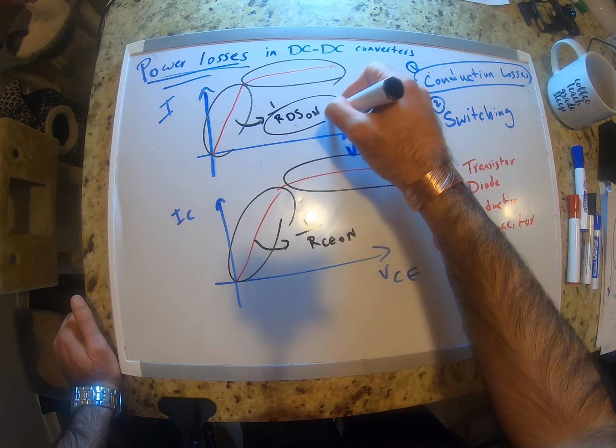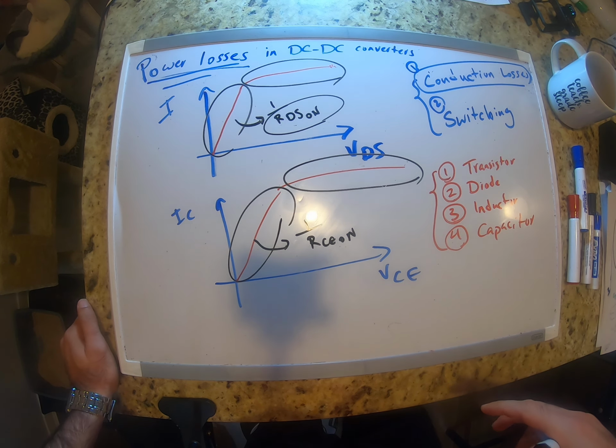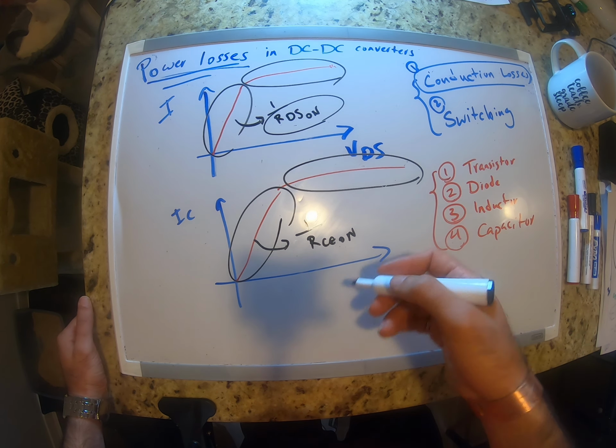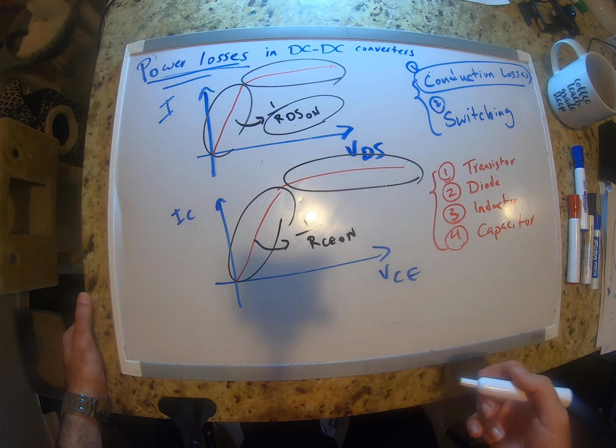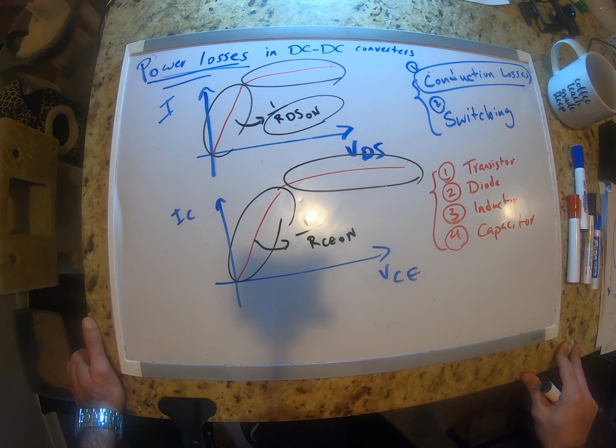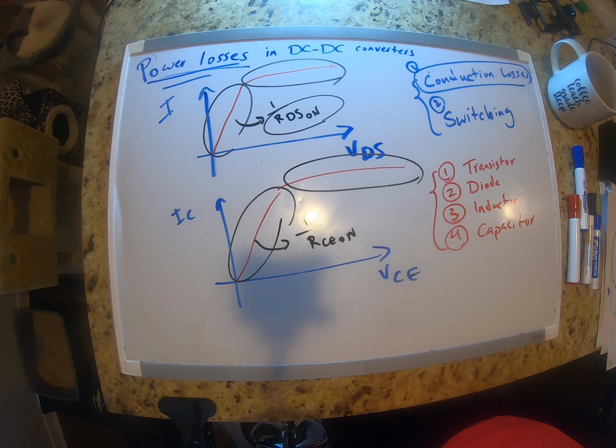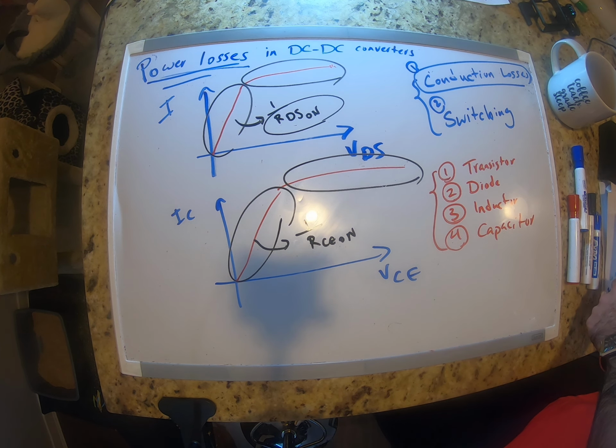This is a parameter that the manufacturer of the transistor should give us information about, telling us what that on resistance is. This is one thing about our transistors that we should know.